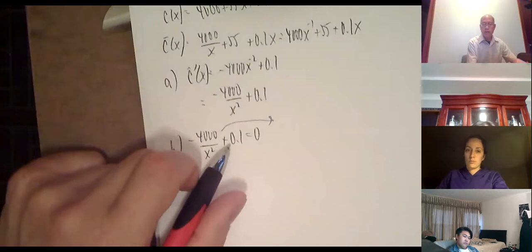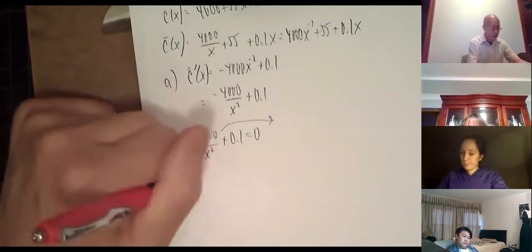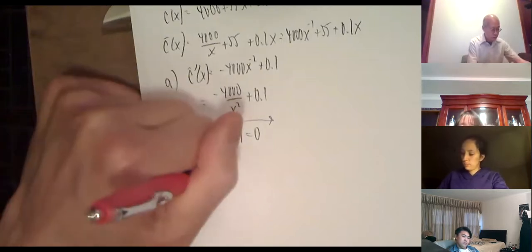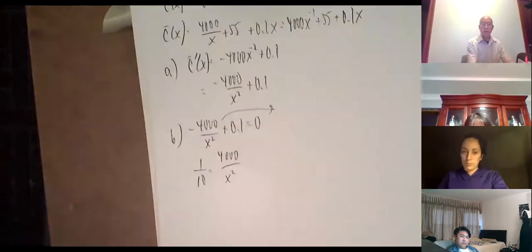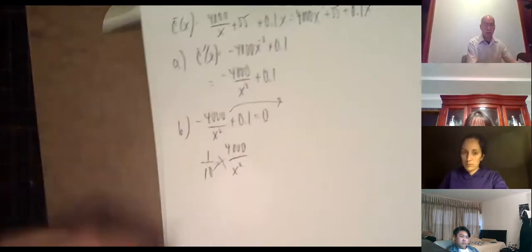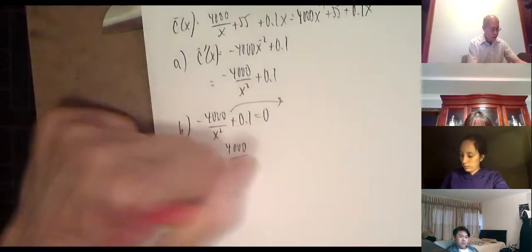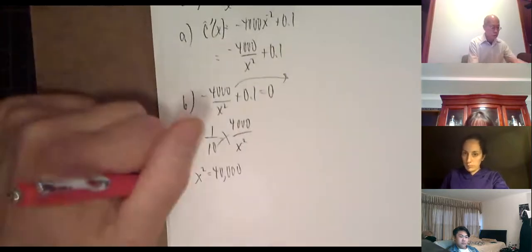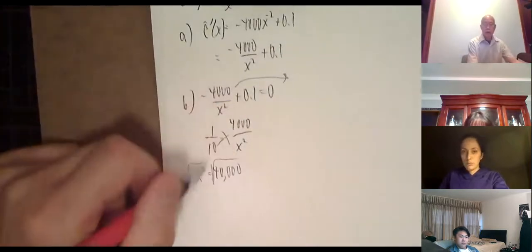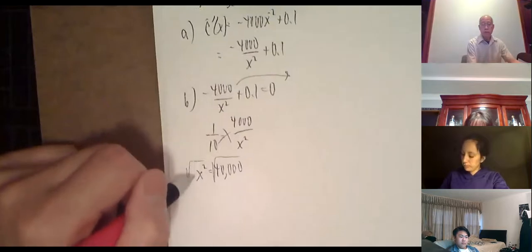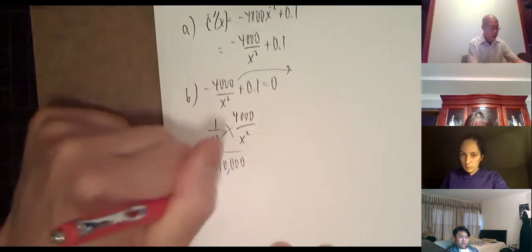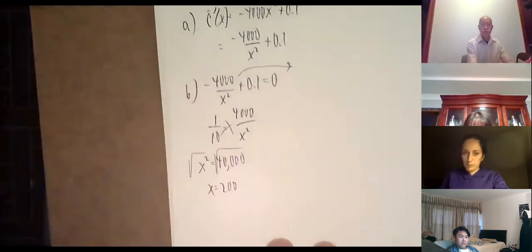I know 0.1 is 1/10, I'll change it to 1/10 equals 4,000 divided by x squared. I will cross multiply. X squared equals 40,000. Square root. I don't need a plus or minus. These word problems, x is positive, so x is equal to 200.